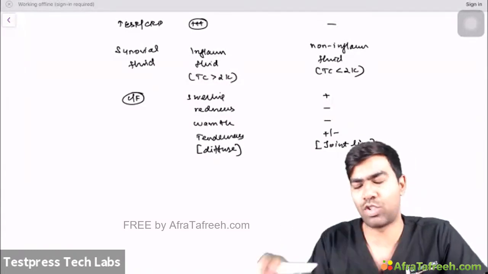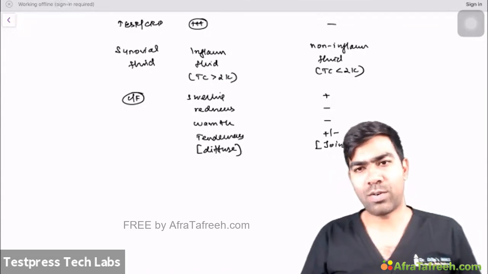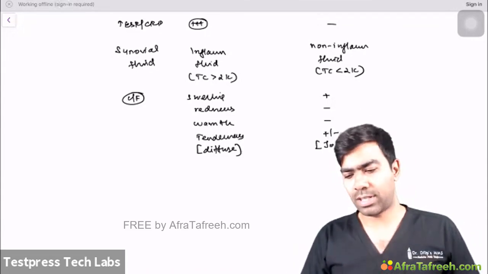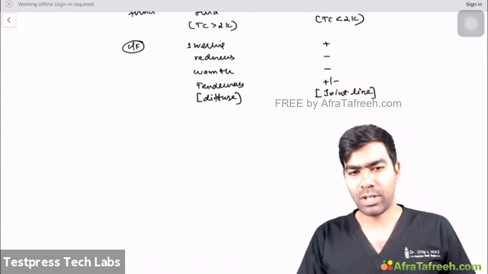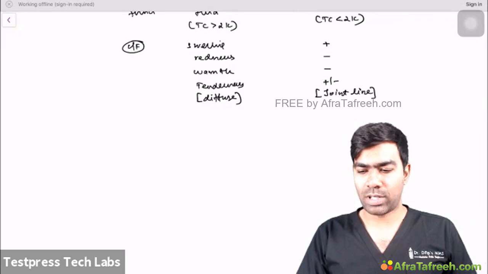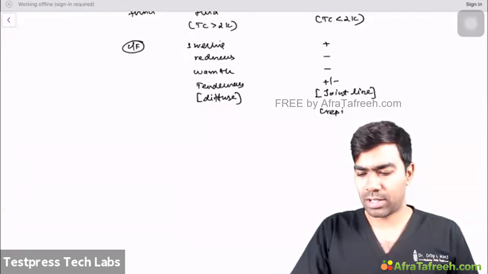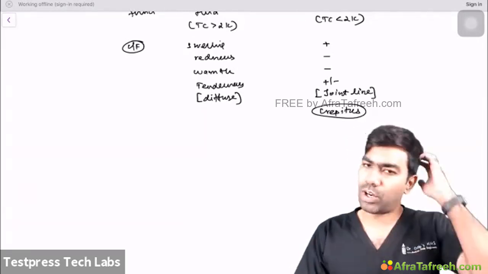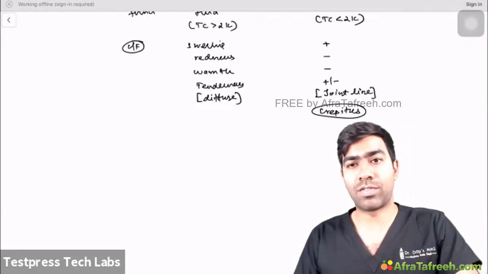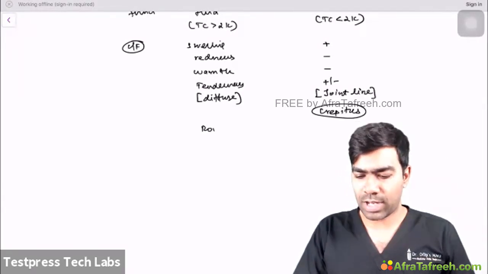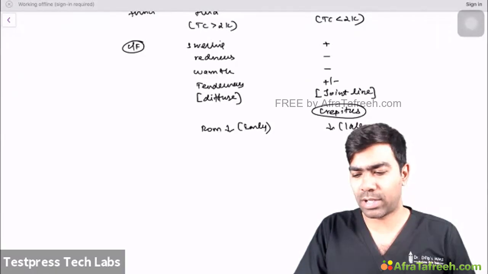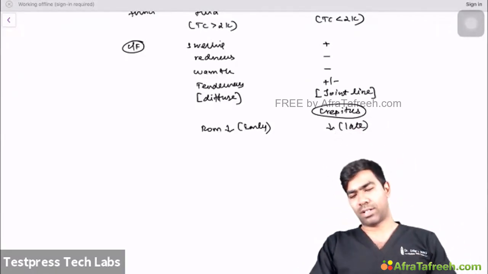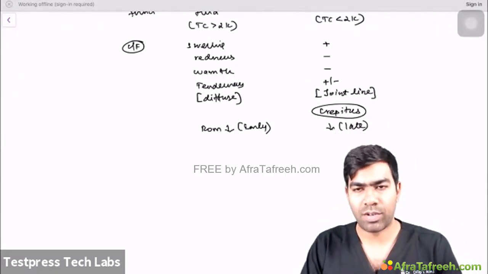Only in the joint will you have tenderness; the surrounding areas will usually be non-tender. That's very characteristic again. And there is one thing that you classically see in non-inflammatory arthritis like osteoarthritis, and that is the presence of crepitus. Range of motion can be decreased in both. But usually it is decreased very early in inflammatory arthritis, while it takes some time and comes a little later in non-inflammatory arthritis.